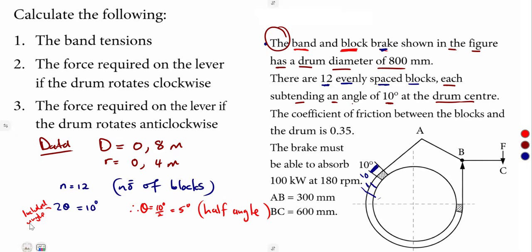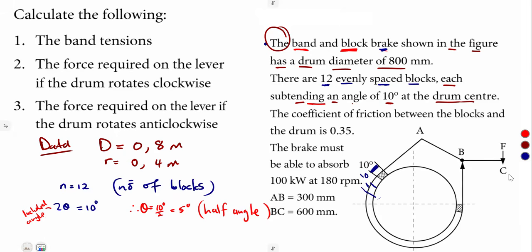Once they give you the angle each block subtends like this, you take it as your 2 theta. That is what I was referring to before, that it also depends on the author.